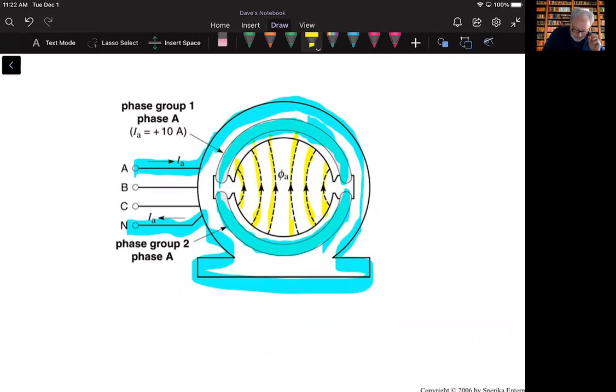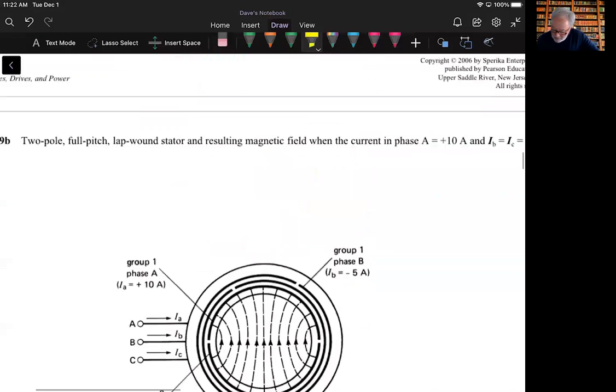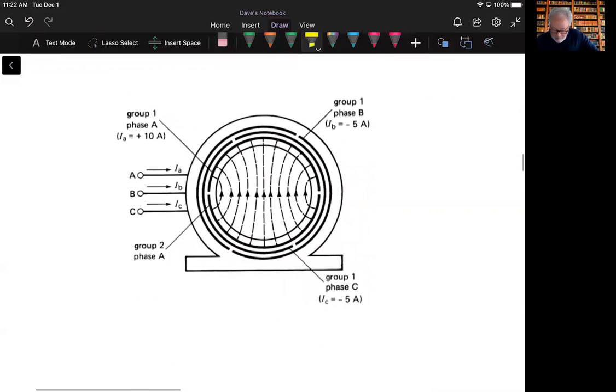Now, the coils of phase B and C are identical to phase A, and they can be seen in this figure 13.9b. Let me see if I can find and try to highlight that. It's a little too thick for that.